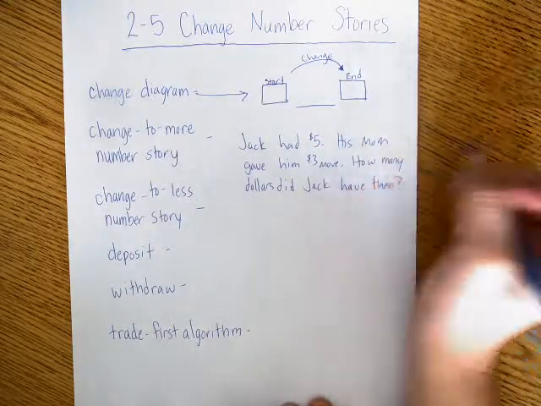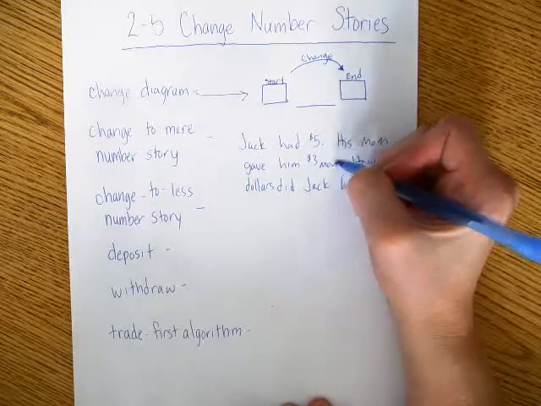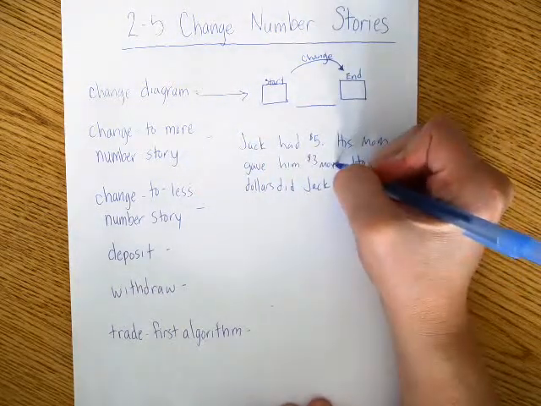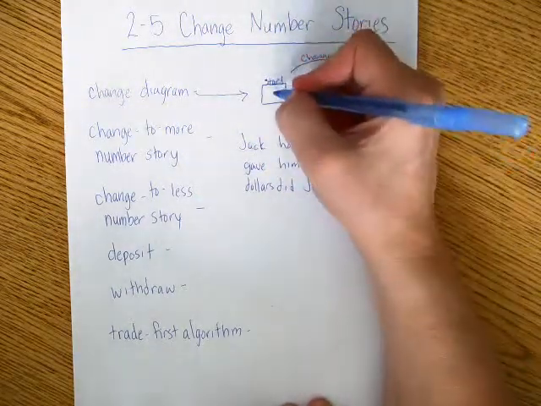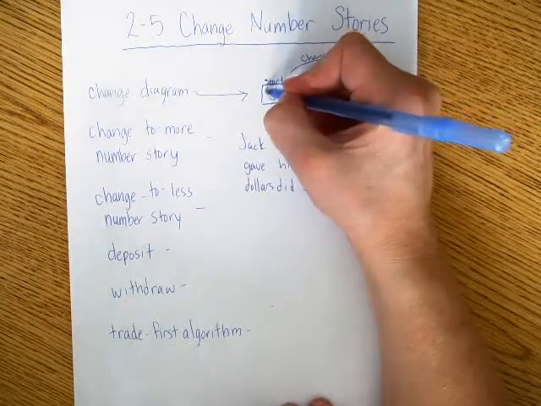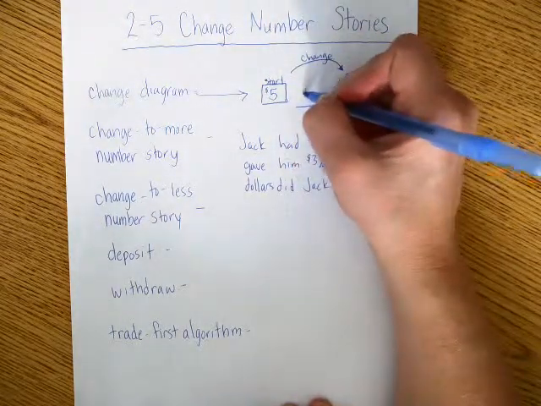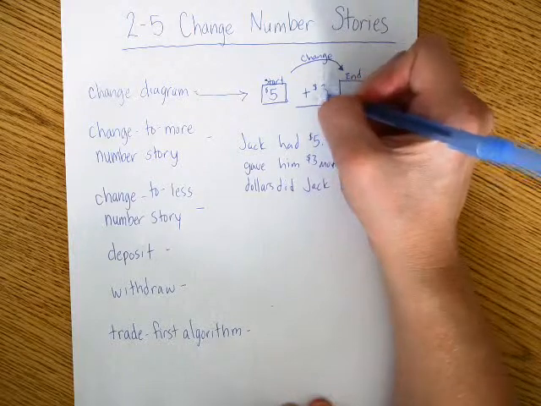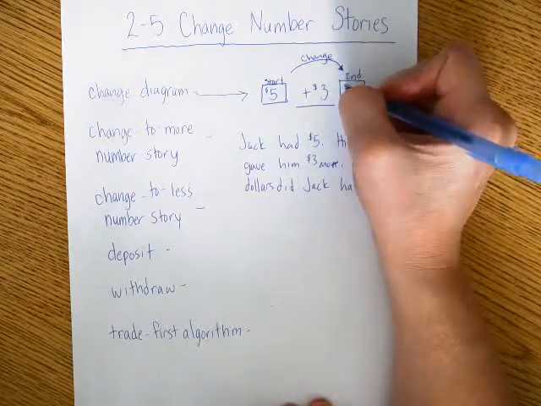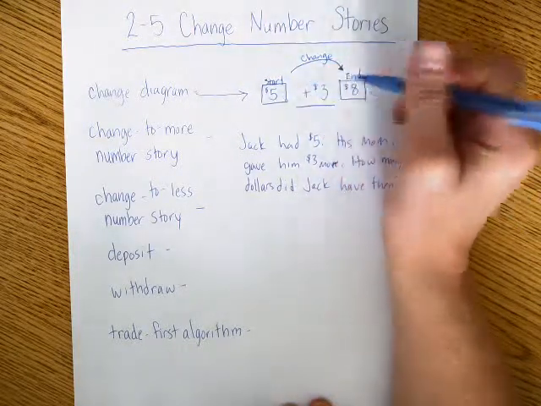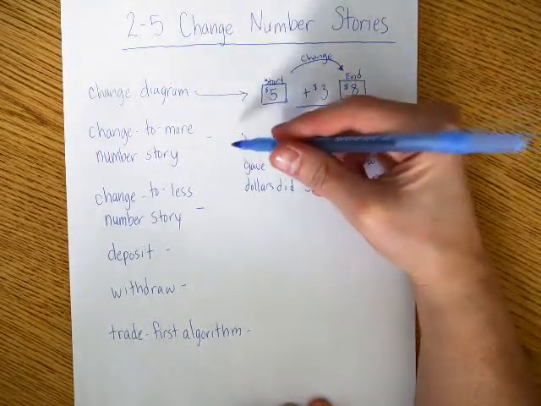Okay, so this would be an example of a change to more number story. Because he has $5, we'll fill this diagram right out. The change is plus $3, and we end with $8. So he starts with 5, the ending is 8, it's a change to more number story.